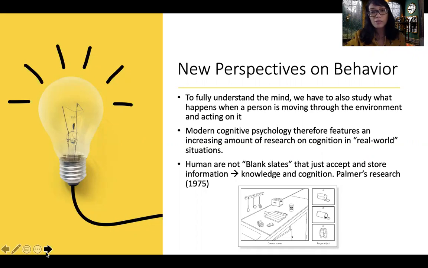But it became clear that to fully understand the mind, we also have to study what happens when a person is moving through the environment and acting on it, and it is impossible to still conduct that research inside the lab. So modern cognitive psychology features an increasing amount of research on cognition in real-world situations.